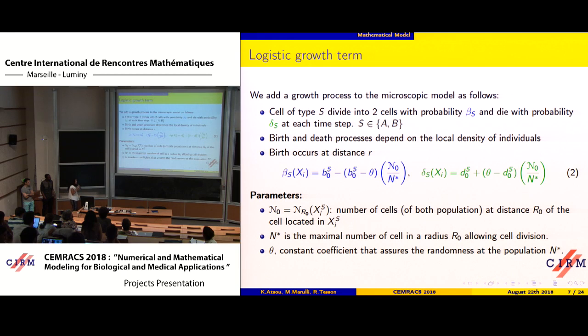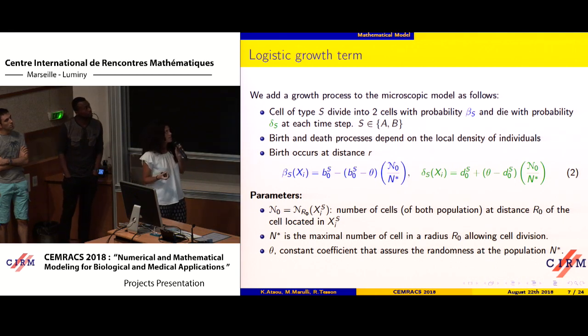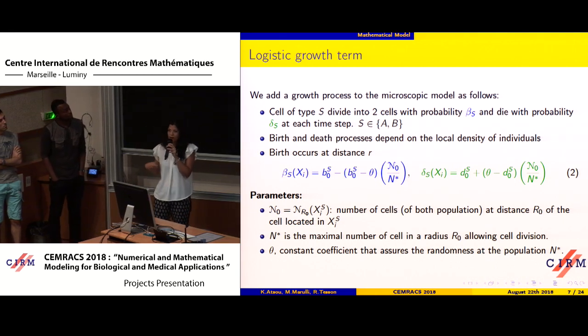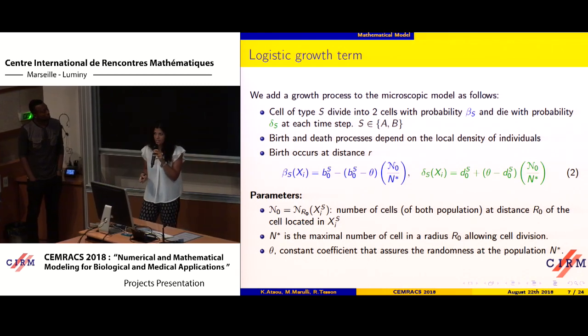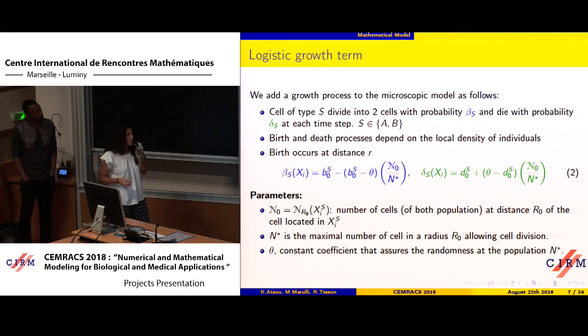That means that we suppose that our cells can die and can divide, so can have a daughter, and so the number of particles in A and B is not fixed anymore, because it changes at each time step. We suppose that the cells of type S, our population A or B, can divide with probability beta_S and can die with probability delta_S. This process of birth and death depends on the local density of individuals.